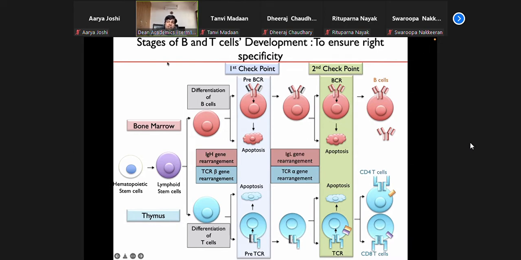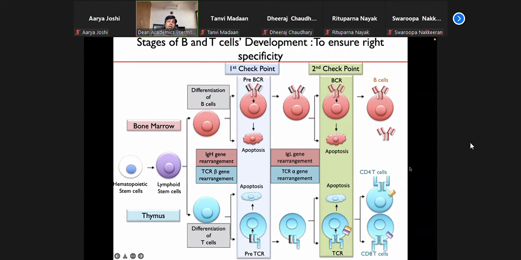Now, let's say the cell is not recognizing your own antigen, so it will pass through the process, it will be selected, right? And eventually this BCR expressing cell will populate the periphery. It will be present in secondary lymphoid organs. It will circulate. It will be found in the blood.